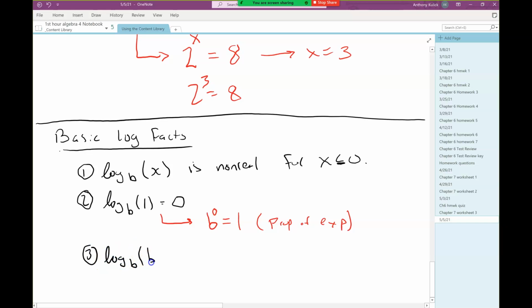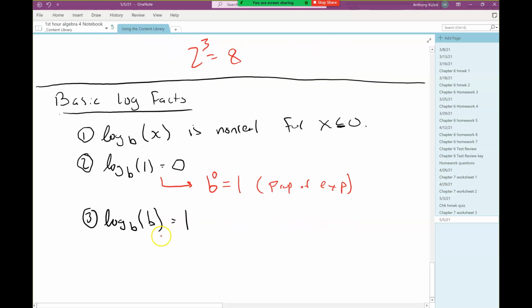One more, log base b of b is equal to 1. Why is that true? Well, that's just saying that b to the first is equal to b. Well, of course that's true, right? Nothing shocking about that one.